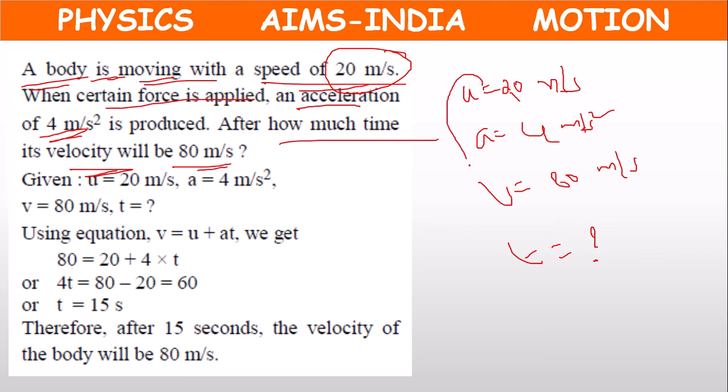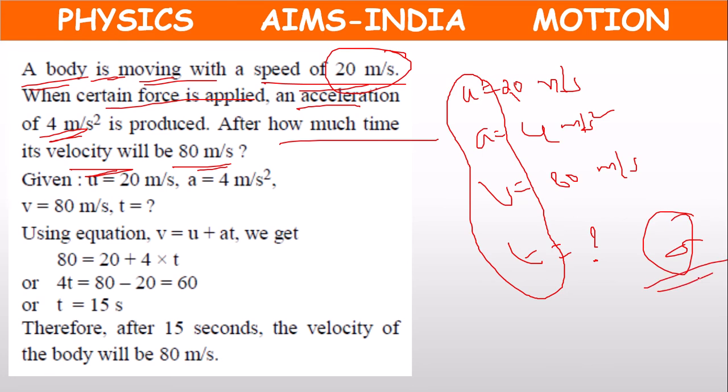So the equation of motion involving these 4 quantities without involvement of s is v equal to u plus at. Let's substitute the values. 3 values are known, 1 value is unknown. Let's substitute the known values: 80 equal to 20 plus 4 into t.